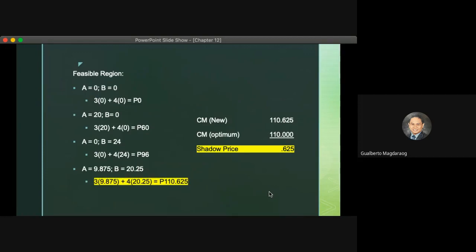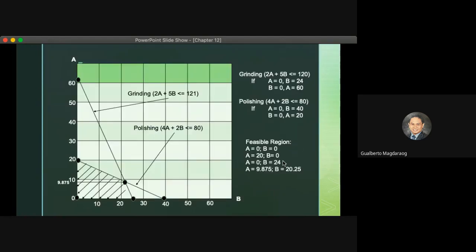And we will now arrive at the shadow price of 0.625. So for every hour added in the grinding department, we will add 0.625 in the contribution margin, which we actually computed using the simplex method. Remember that the shadow price for grinding is 0.625.